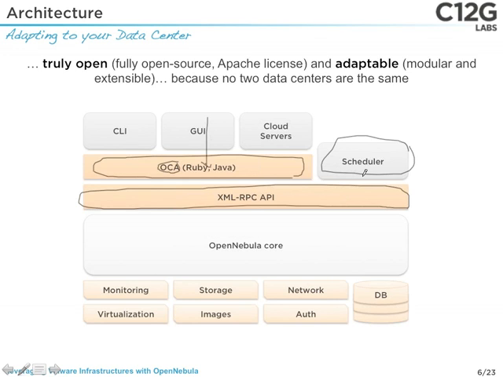Okay, so this plugin-oriented architecture is interesting for a CMP that tries to integrate with an existing data center. We know that no two data centers are the same. So there is a whole ecosystem of components where OpenNebula needs to fit in.